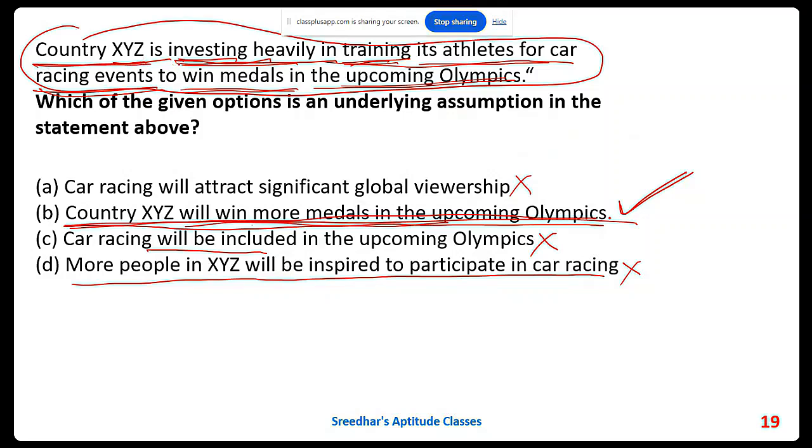Country XYZ is investing heavily in training its athletes for racing events to win medals in the upcoming Olympics. So that means racing is already included in the upcoming Olympics, right? It's not that car racing will be included in the upcoming Olympics. It is already included, right?